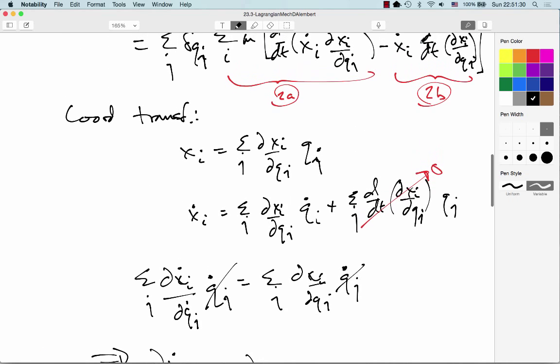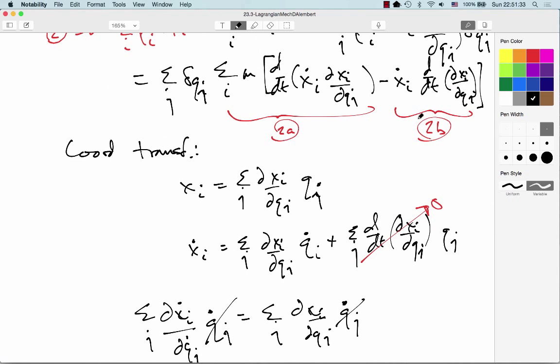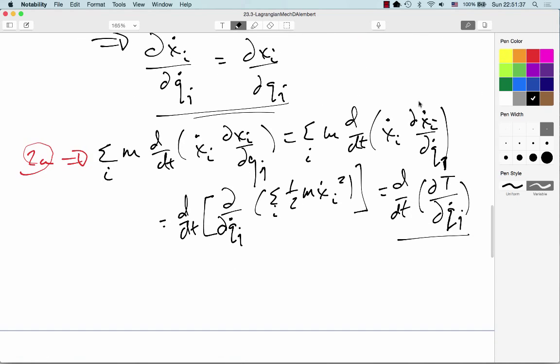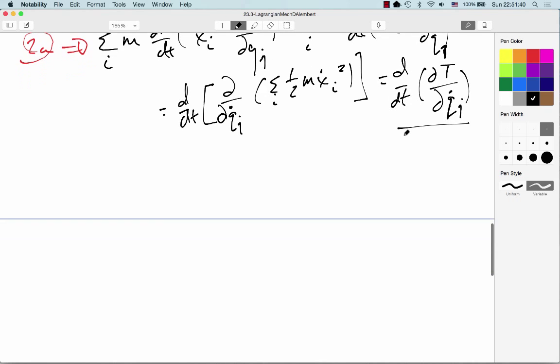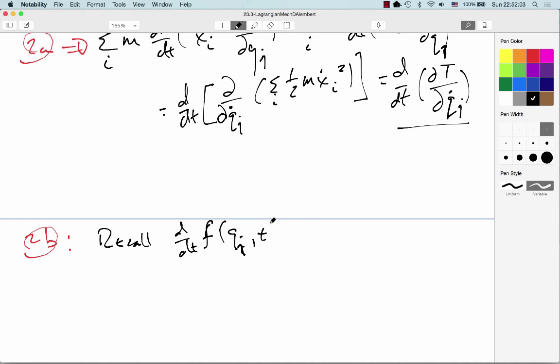Now we've got to look at our term 2b. Before we get to that, we just need to remember real quick that if I differentiate some function of qj and time, that's going to be sum over k partial f partial qk dqk dt plus partial f partial t.